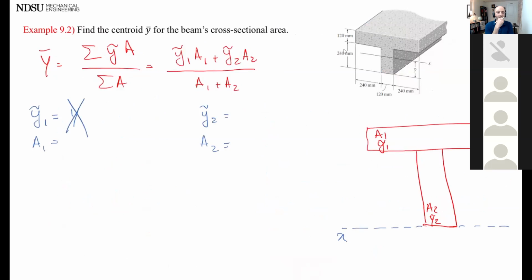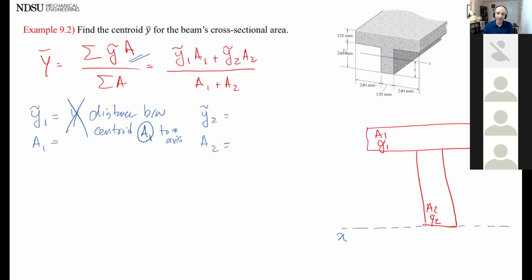It's not your Y value. Distance from the x-axis to the center of your sliver of area. Okay, there you go. So it's the distance between the centroid, not of the sliver of area. I was dealing with a sliver of area. Here I'm dealing with a full area. Centroid of area to x-axis. Is everyone clear?